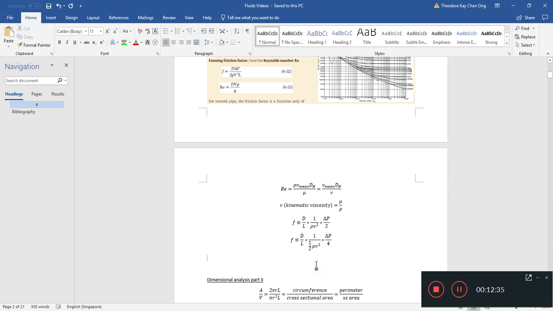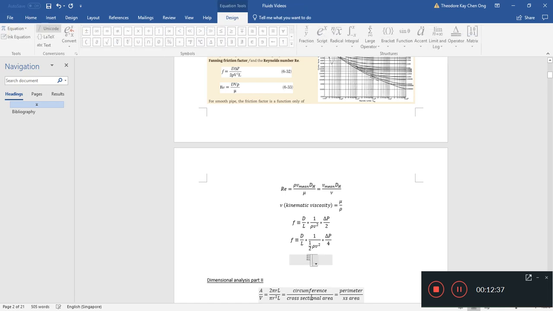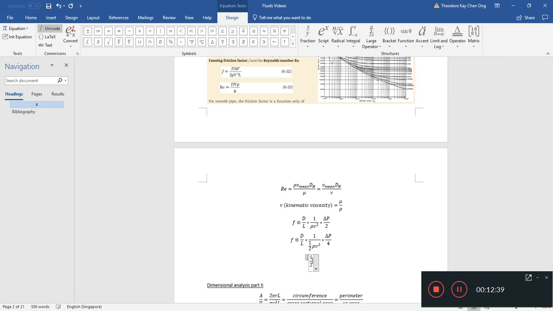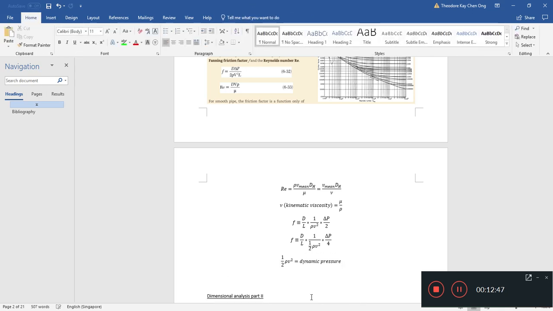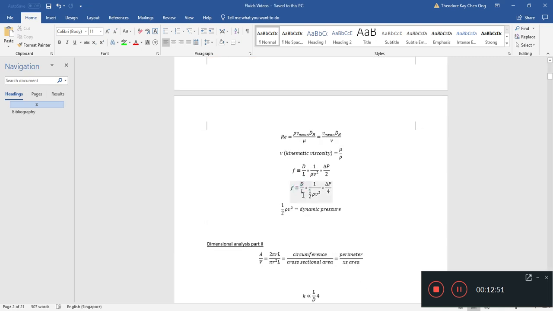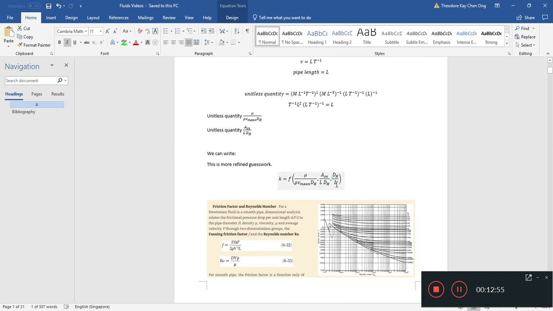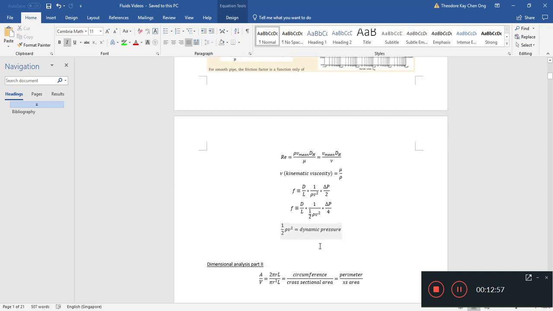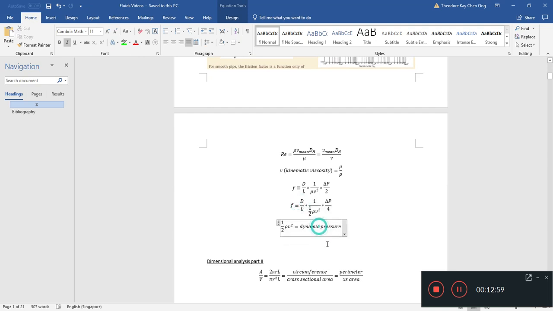Sometimes they refer to half rho v square. They call it the dynamic pressure. Now, don't worry about it. This is just to introduce you. Don't need to think so much about it. But you see this D over L, L over D, however you want to put it. This DH over L ratio comes back. So this is very important as well.